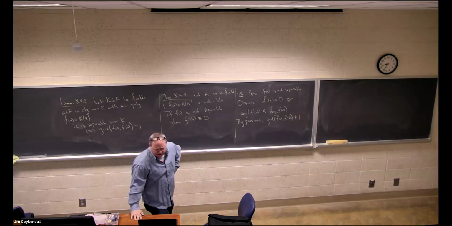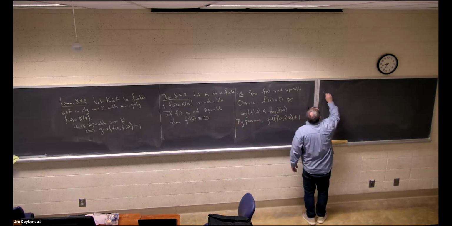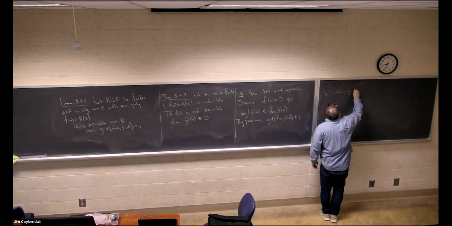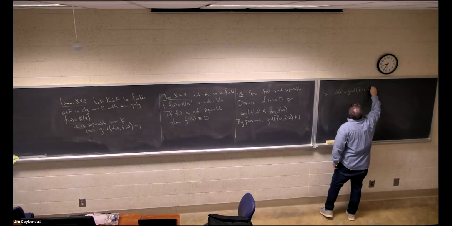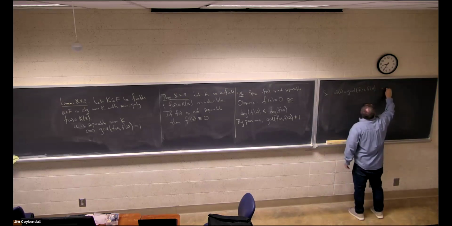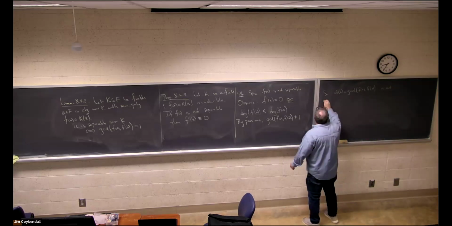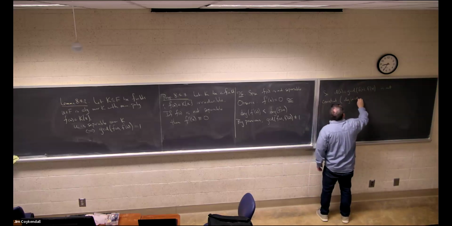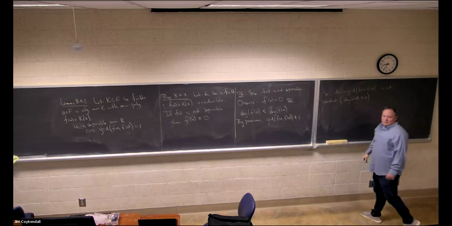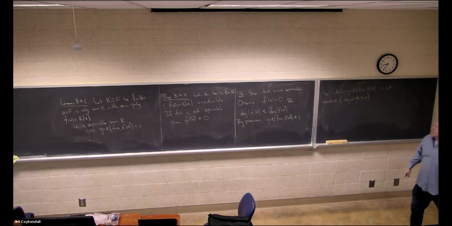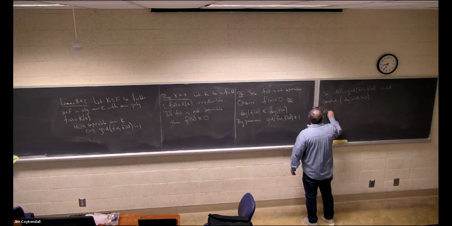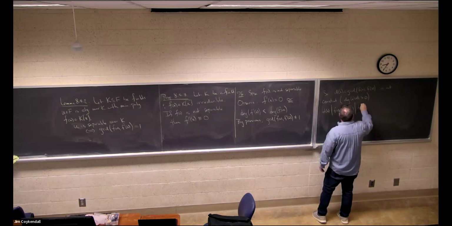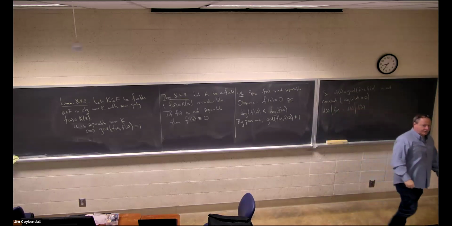So that means there's a greatest common divisor, d of x, and it's not constant. d of x divides f of x, and d of x divides f prime of x, because after all, it's the greatest common divisor.